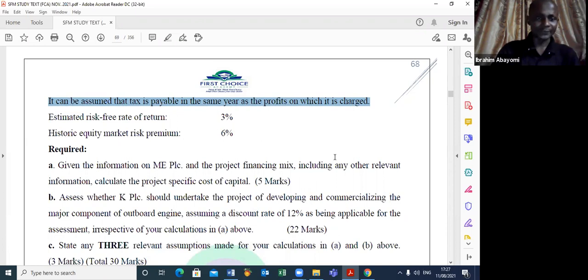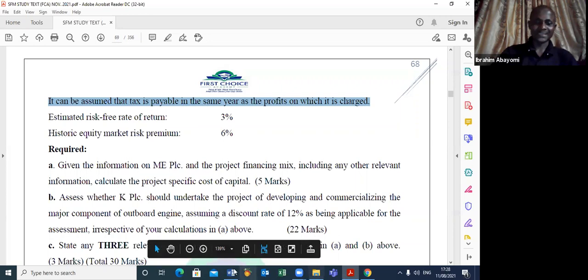Estimated risk-free rate of return, 3%. Historic equity market risk premium is 6%. So compute the project specific cost of capital.